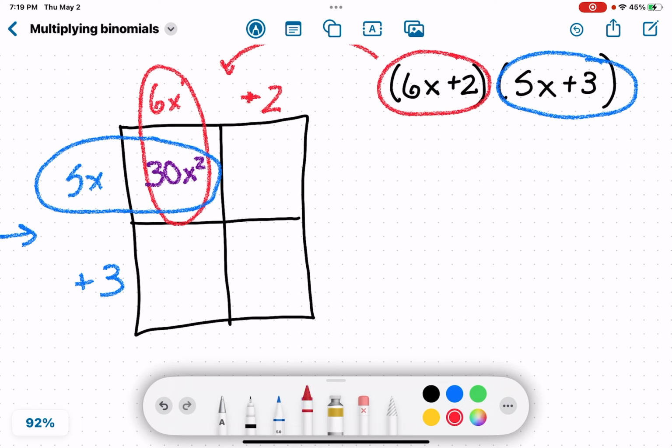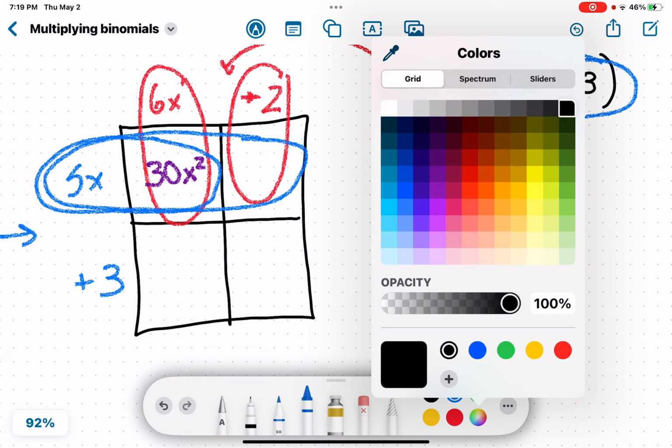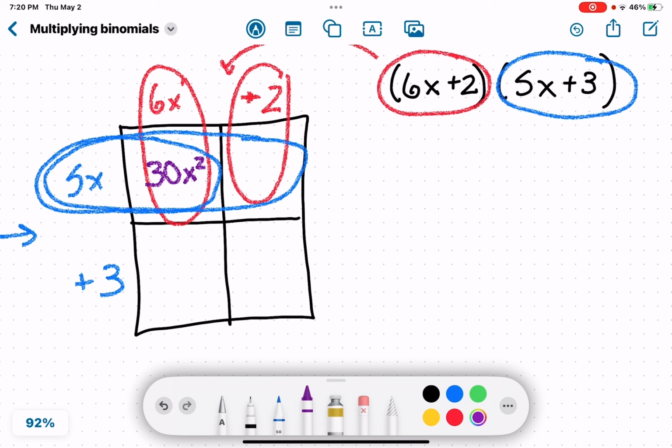And then the same thing here. 2 times 5x is 10x.